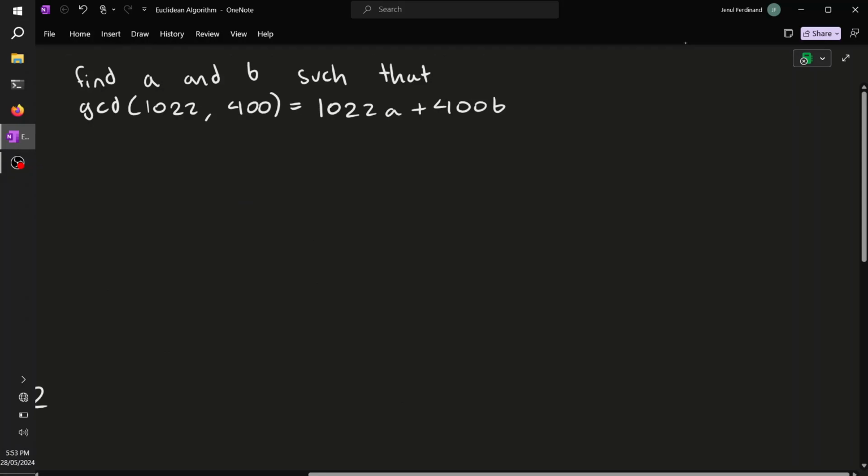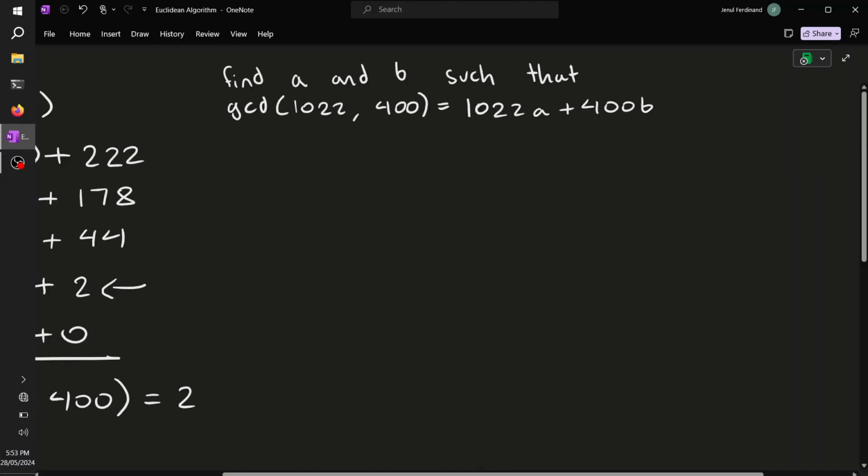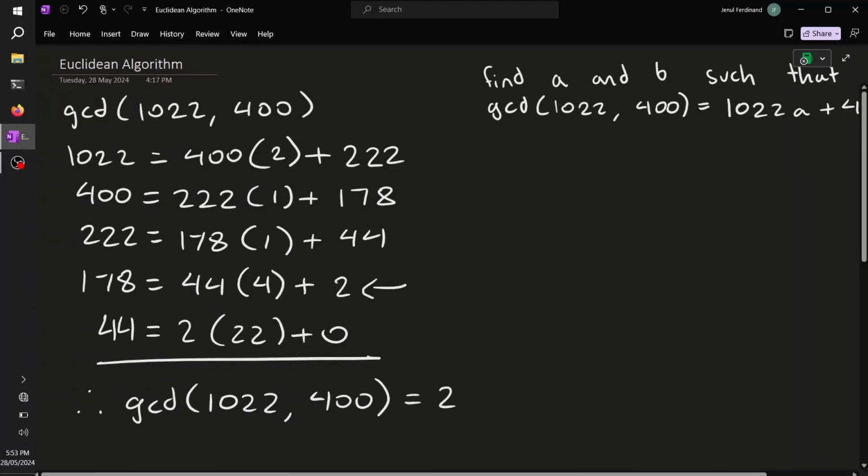Alright, so now what if we have this question? It's saying find A and B such that the GCD of 1022 and 400 is equal to 1022A plus 400B. So basically here we have to find A and B. We can use our previous knowledge from the last question. We knew that the GCD was 2.